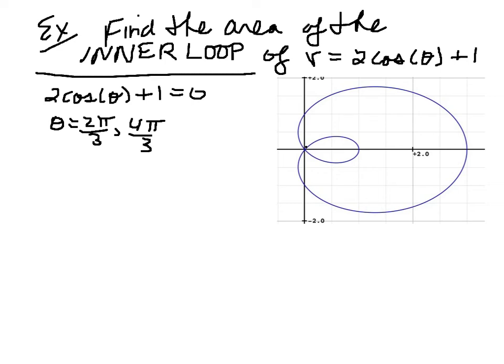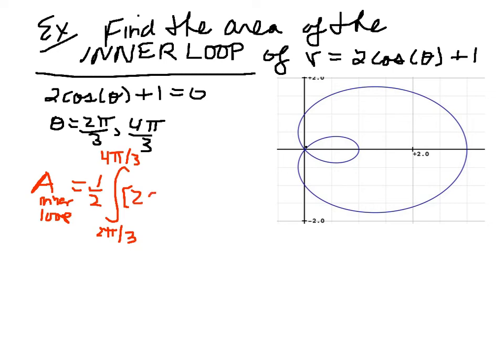So therefore this area of the inner loop is going to equal 1/2 times the integral from 2 pi over 3 to 4 pi over 3 of r, 2 times the cos of theta plus 1, squared d theta.